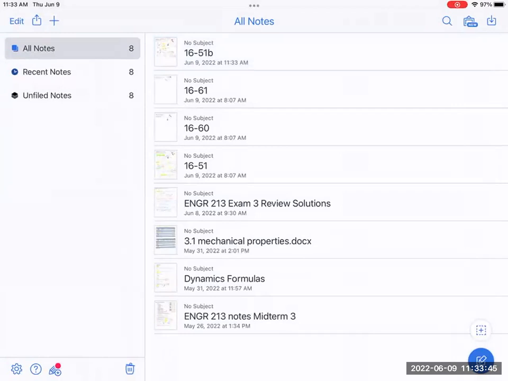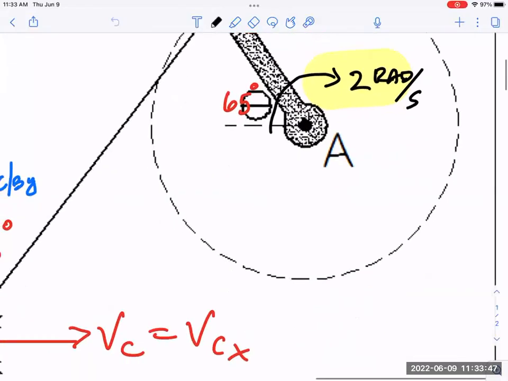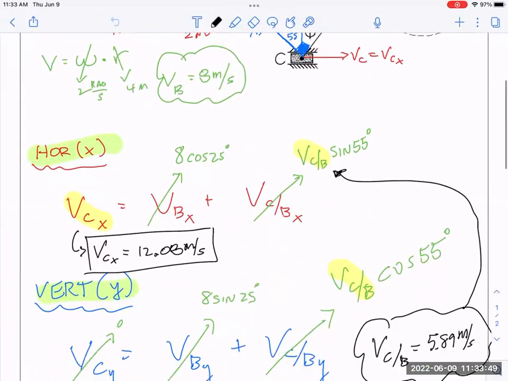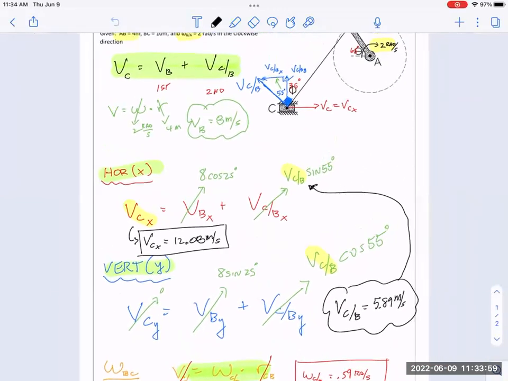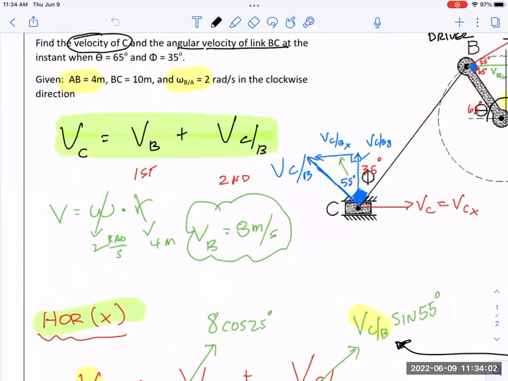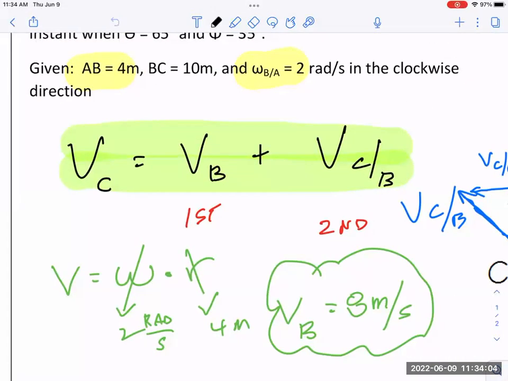Now, take a look at yesterday. Wasn't that one of our conclusions? There it is, velocity of C, 12.08. Hey. Now, what did we have to do to get that yesterday? Well, we had to use this fairly complex equation that we're not feeling too good about yet, right?